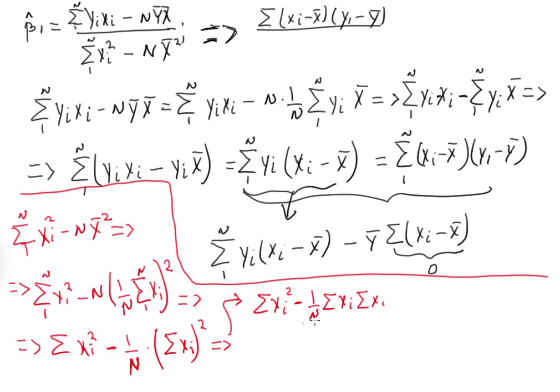Instead of saying the square of the sum of the x's, I said sum of xi times sum of xi. And here what we see is that this term is basically an x bar, isn't it? So then it's xi squared minus x bar times the sum of xi itself.